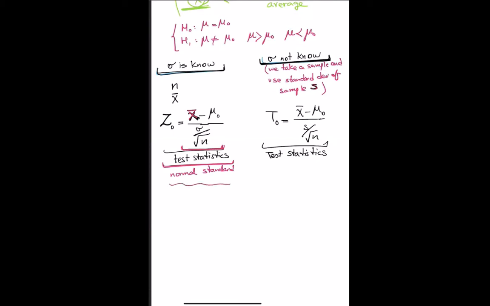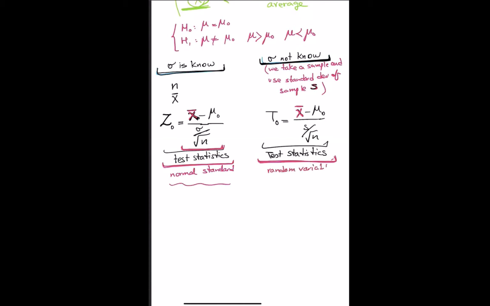And the same for this one. This random variable, every time I take a new sample, the value of the random variable X bar changes. I take another 20 glasses of beer and I measure the volume and look, the average is different. So every time I take a new sample, the average of the sample is different. So this whole thing is going to change every time I take a new sample. So this expression, x bar minus mu divided by s over square root of n, is a random variable as well.